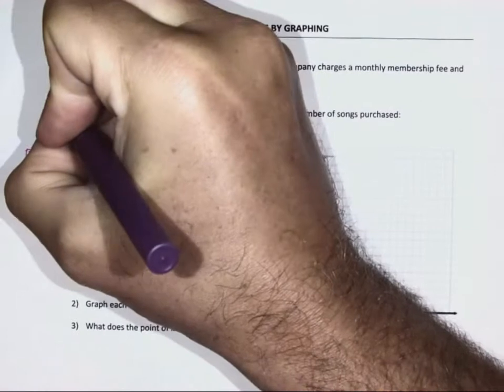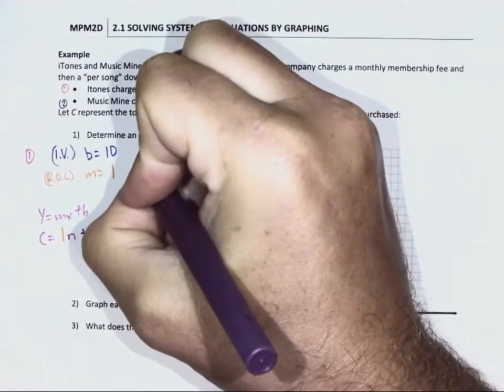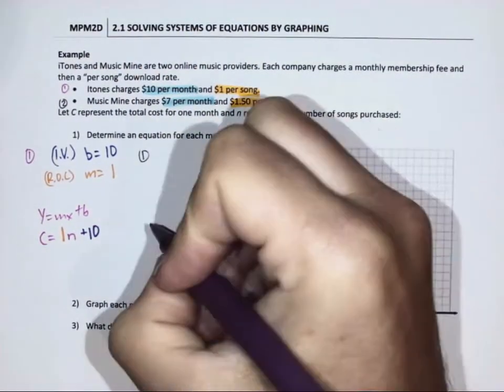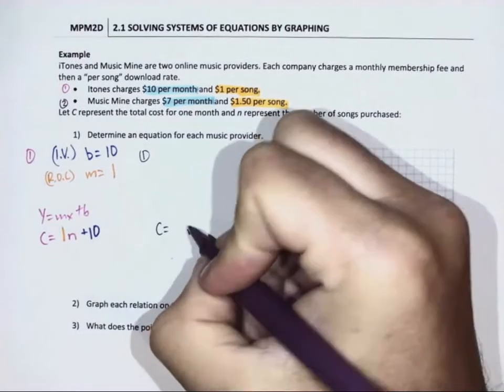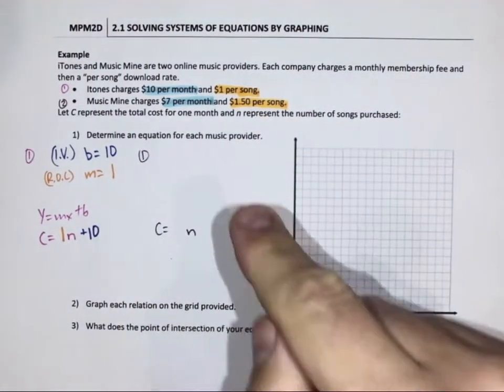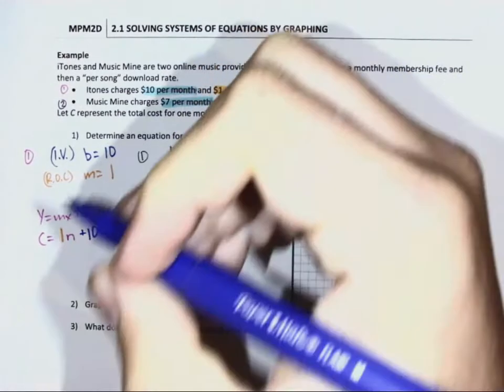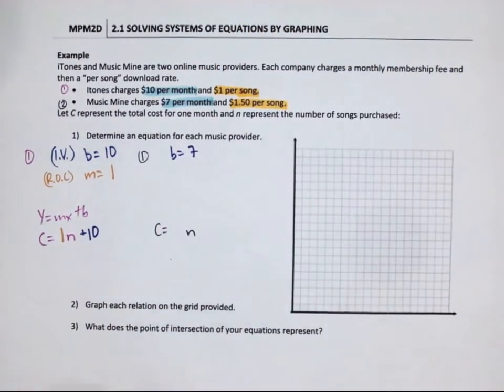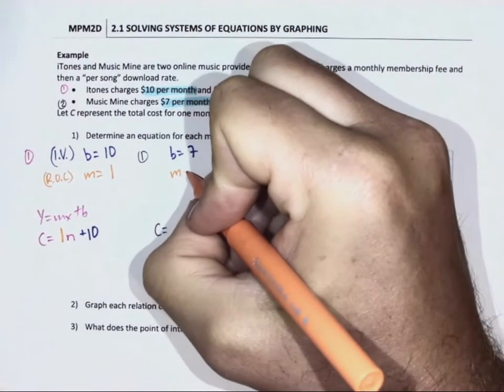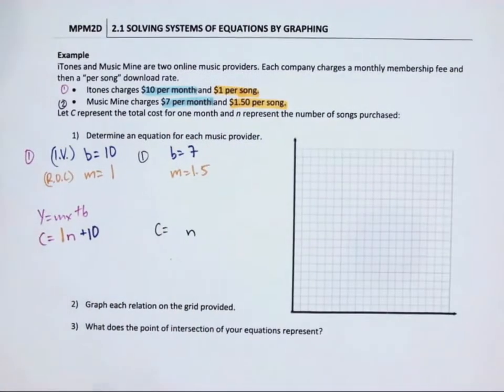For MusicMine, we're going to do the exact same thing. Again, it's $7 for the month, and then $1.50 for each song downloaded.